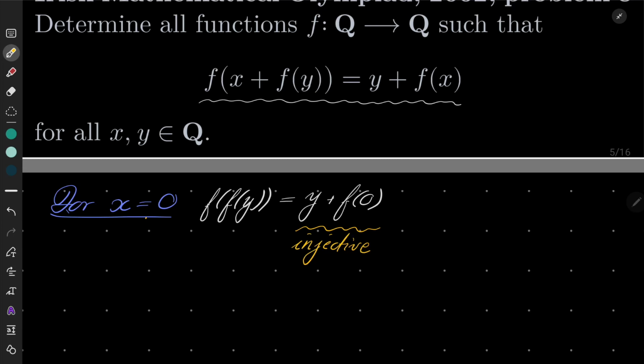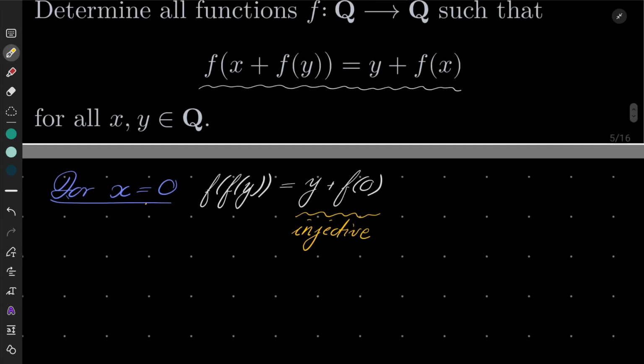It's injective because it's an affine function. There is a known fact that if we compose two functions, and if this composition is injective, then the inner function must be injective as well.